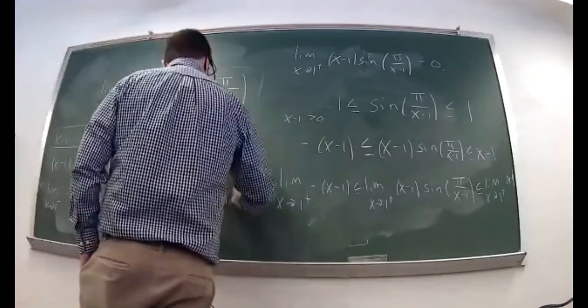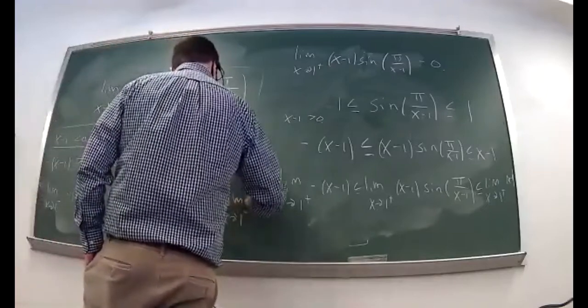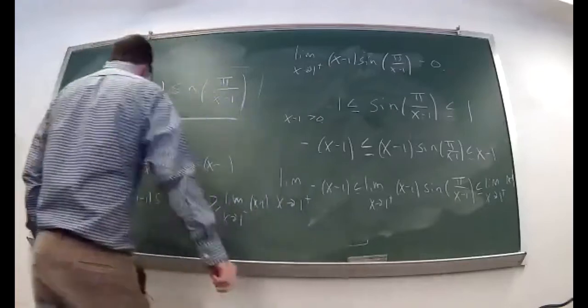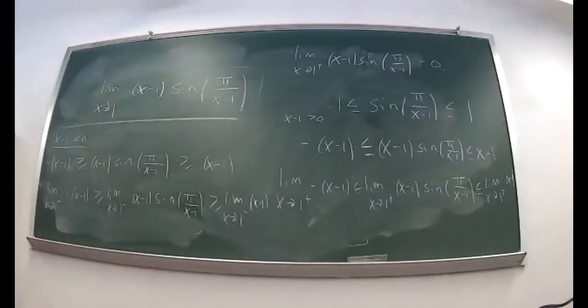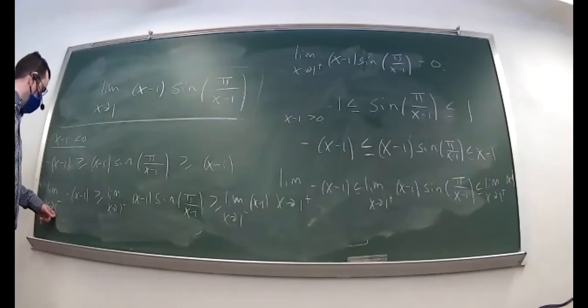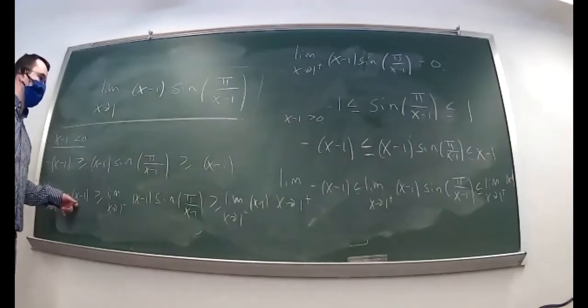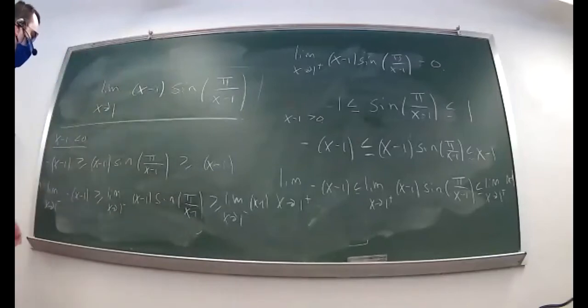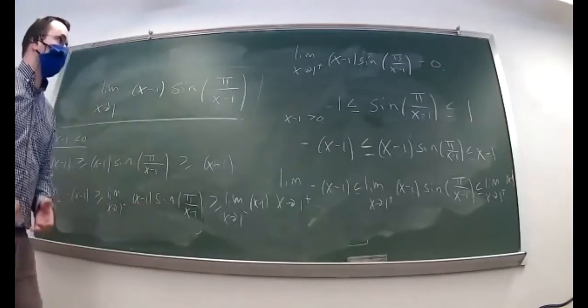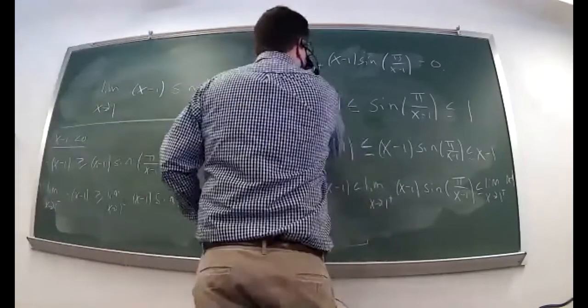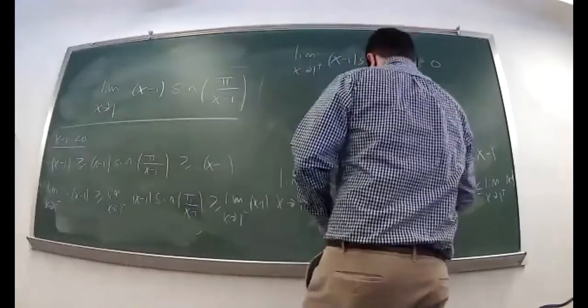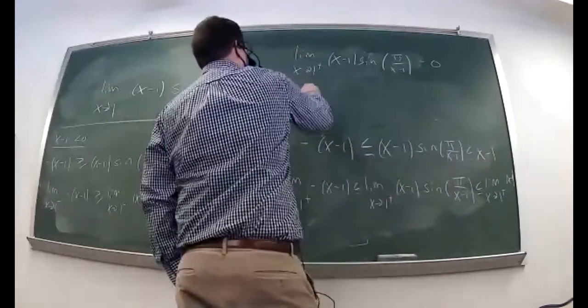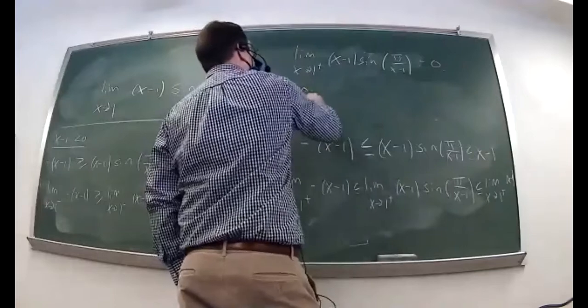Be bigger than the limit of x minus 1. So that left-hand limit by the squeeze theorem, the limit as x goes to 1 from the left, is equal to 0. This limit's equal to 0. And so the limit of the inside function is also equal to 0. So you get the corresponding conclusion.